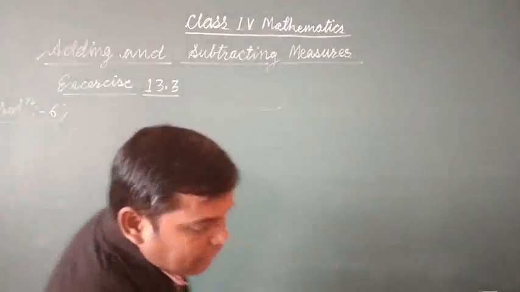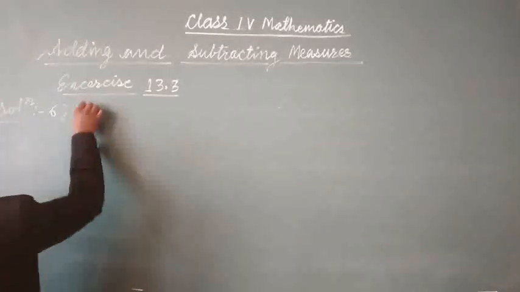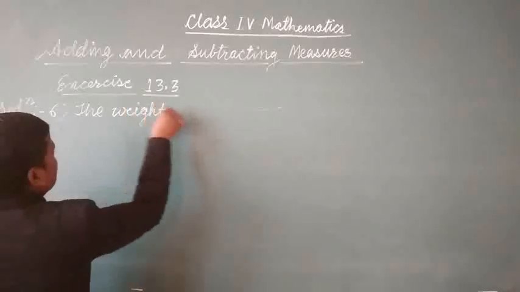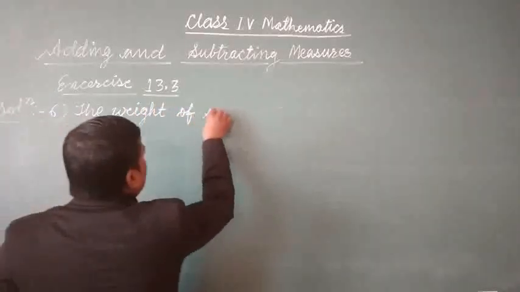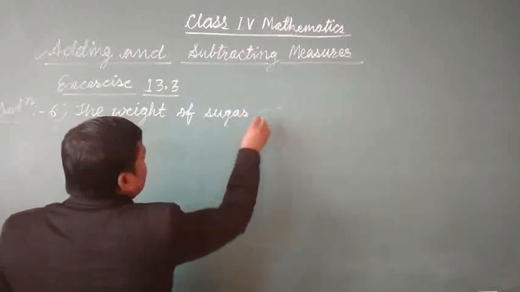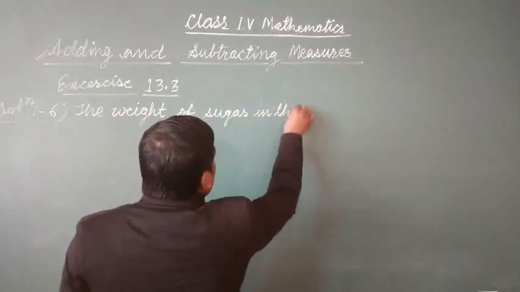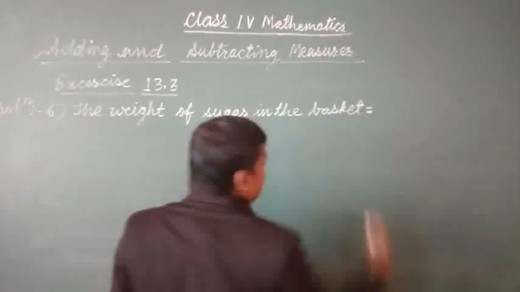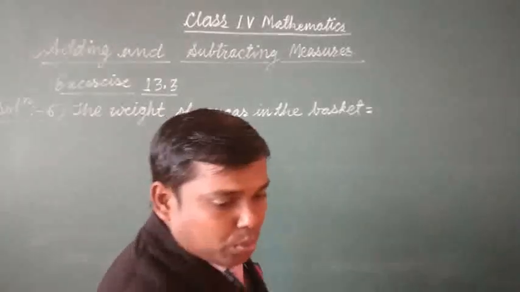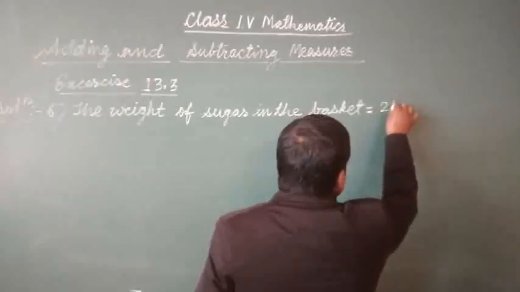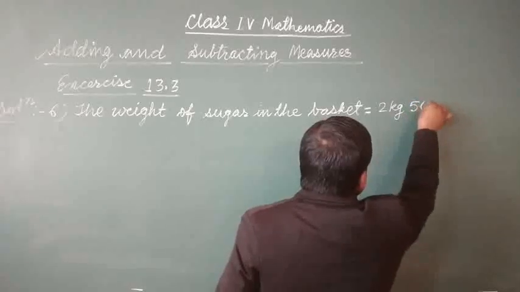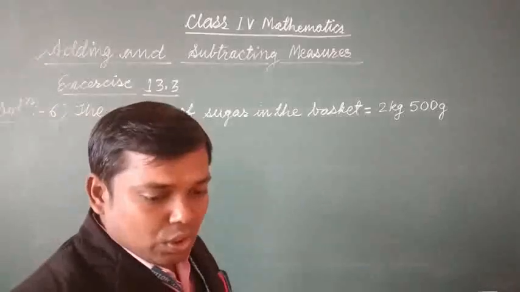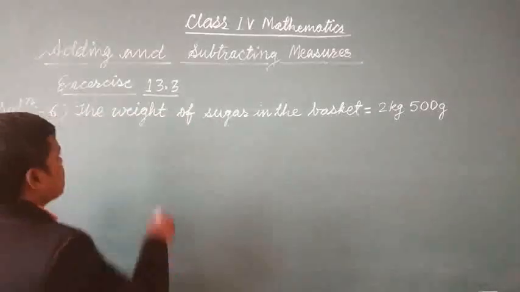So here we write the weight of sugar in the basket is equal to 2 kg 500 gram.